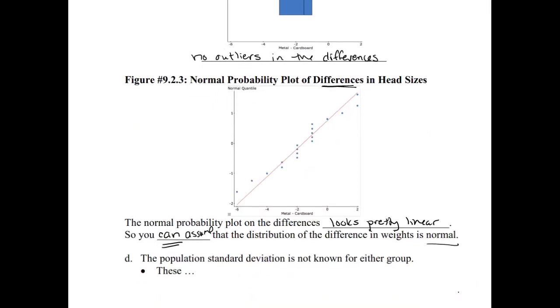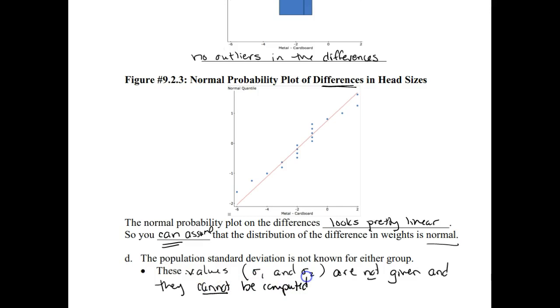And then the last condition is that the population standard deviation is not known for either group. So these values, sigma 1 and sigma 2, are not given, and they cannot be computed.